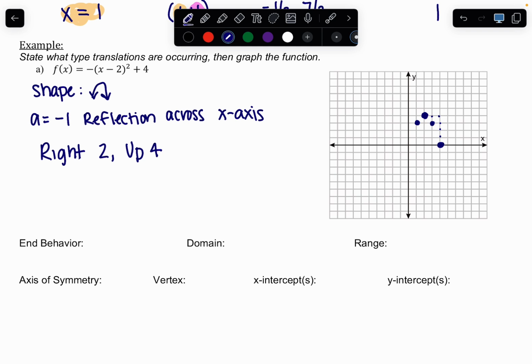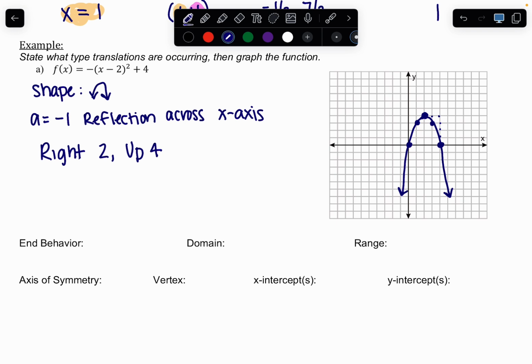And then we can reflect and go 2 to the left and down 4. I would prefer you have 5 points when you graph a parabola, just to ensure that you're getting that curve. Again, I'll show you how to get it on your table after we finish notes.